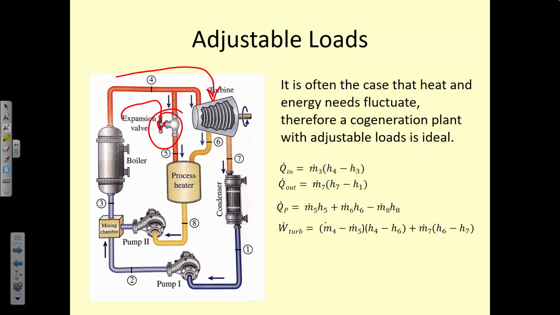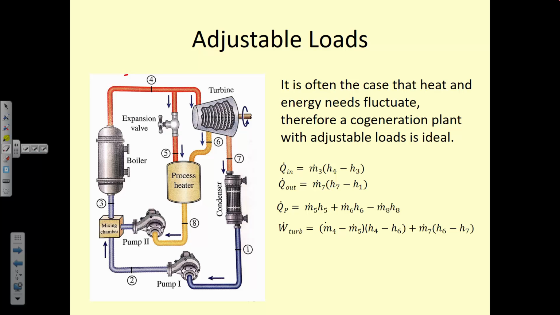Depending on how far open that valve is, whether it's all the way open or all the way closed, you may have some of your steam being diverted into the process heater. Sometimes you may not. So depending on what your end goal is, you'll do one versus the other, or a combination of the two.